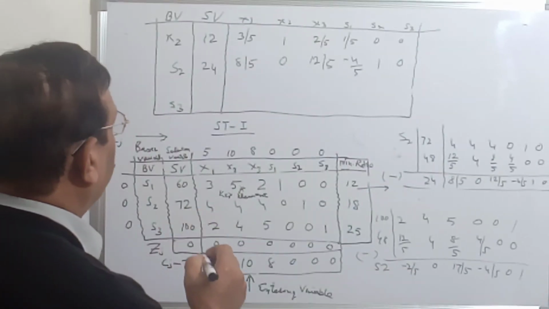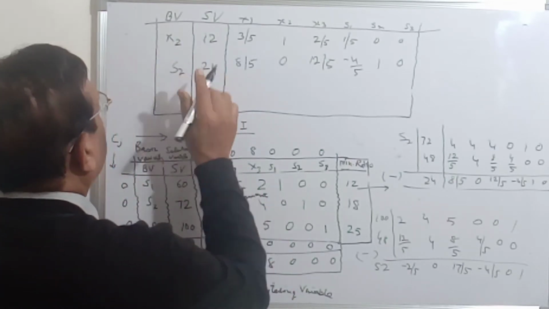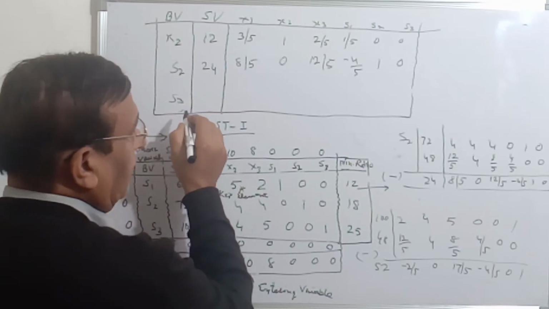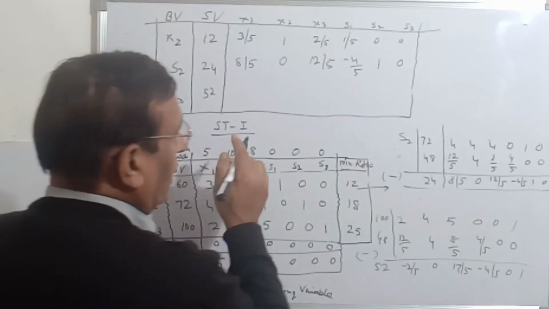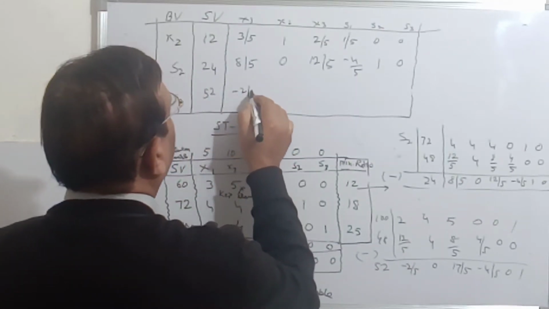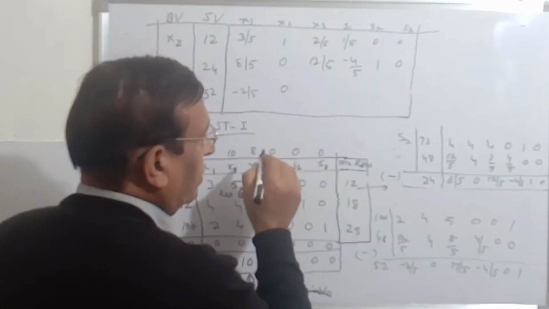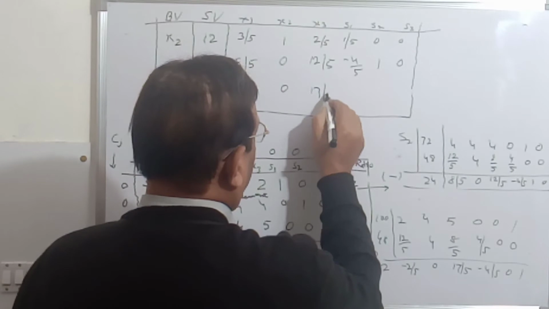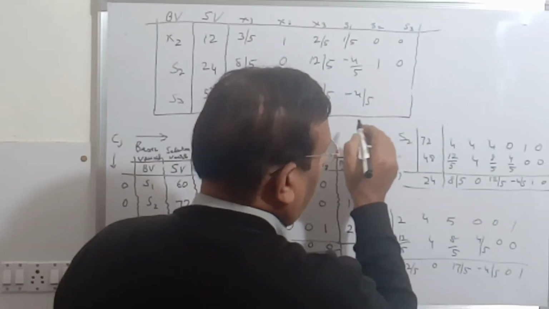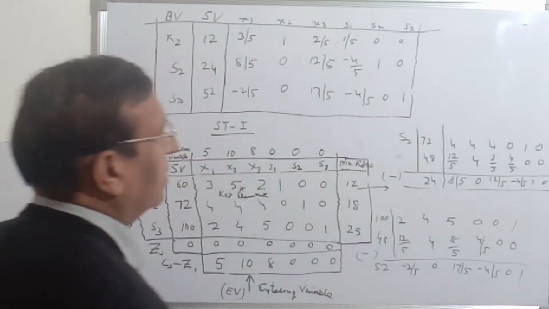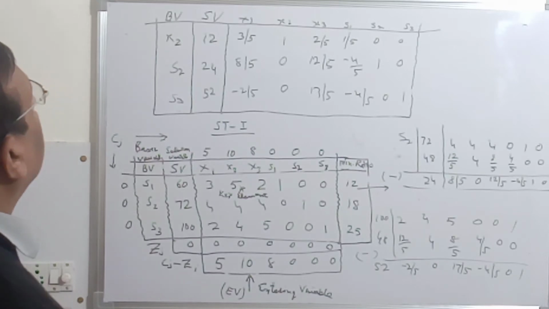Now write down over here, S3: 52, minus 2 by 5, minus 2 by 5, 0, 17 by 5, minus 4 by 5, 0, 1. Let's complete.